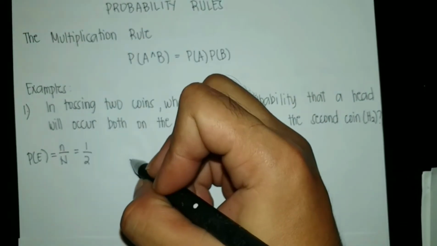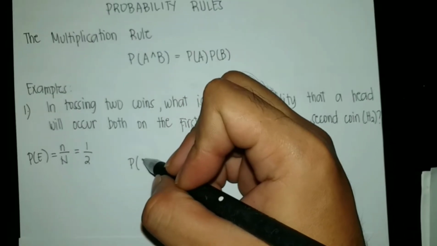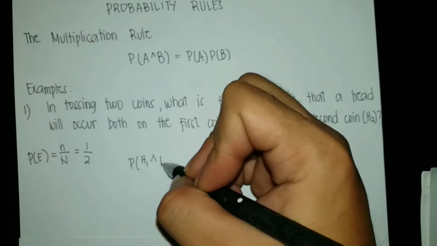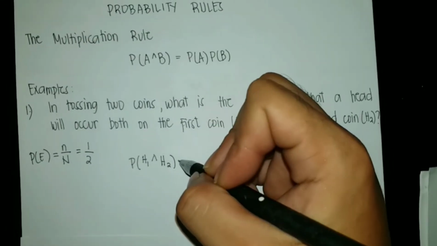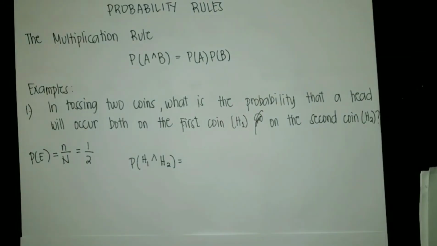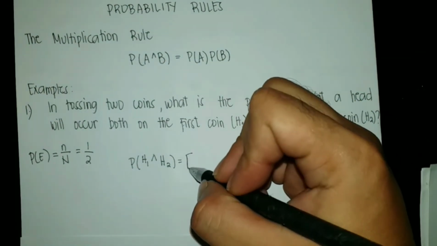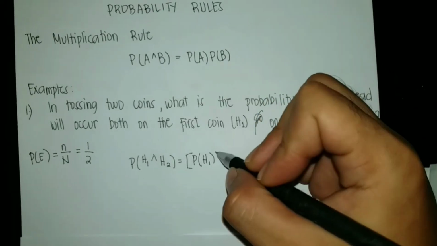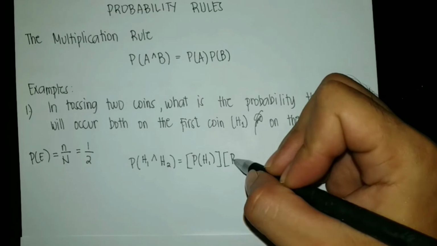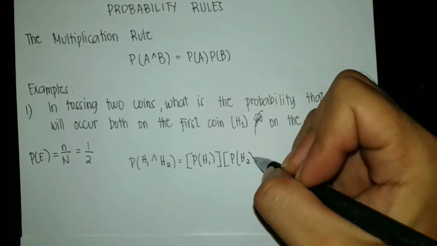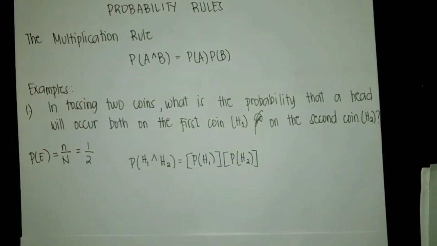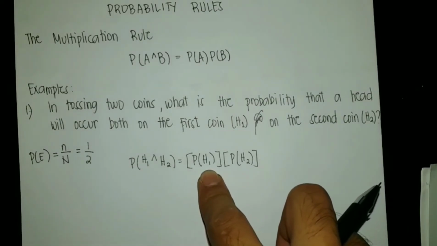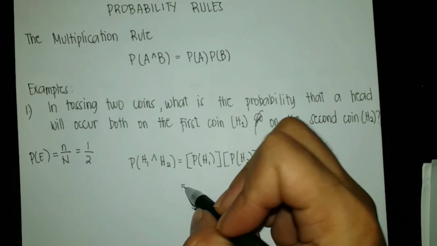Computing now the probability of obtaining a head on the first coin and another head on the second coin is equal to the probability of head on the first times the probability of head on the second coin. We all know that the probability of obtaining a head on one coin is equal to 1/2.